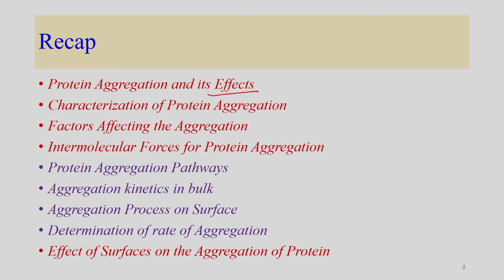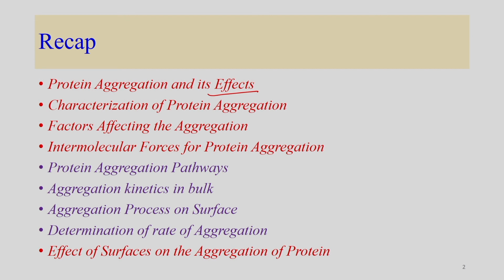Then we discussed how we can characterize the protein aggregation in terms of fluorescence intensity, residual protein concentration, hydrodynamic size of the aggregate, and morphology of the aggregates. Then we quickly discussed the different factors affecting the aggregation of a protein in the bulk, also in the presence of a surface.